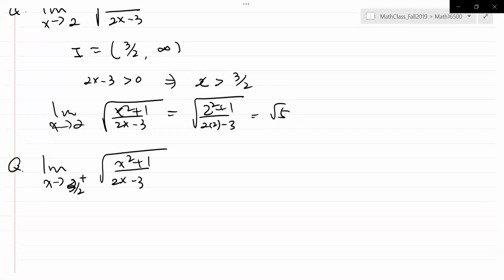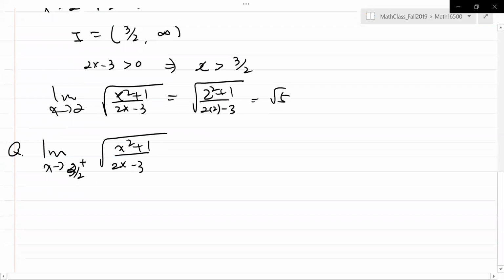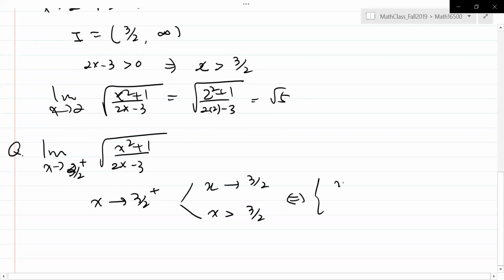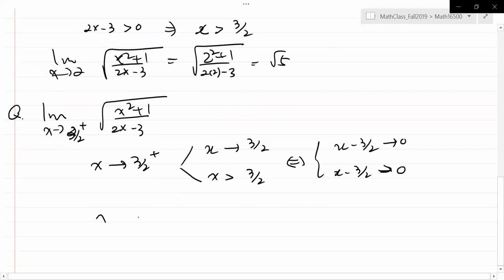So in order to find the limit, you have to check how the numerator approaches and how the denominator approaches. x approaches 3/2 from the positive side means x greater than 3/2. That means the difference x minus 3/2 approaches 0, and x minus 3/2 is positive.